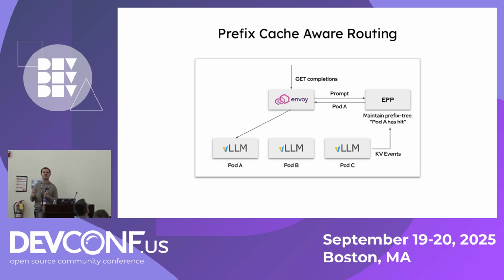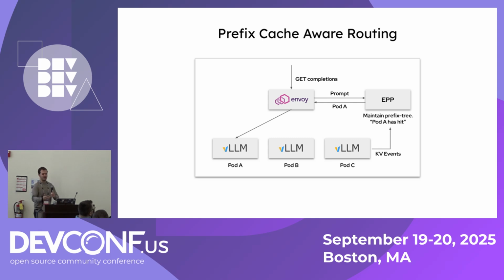And then we have a precise version of this where VLLM will actually publish events, and the inference scheduler will subscribe to those events, which gives a globally consistent view of the current state of VLLM's KV cache. And so EPP can then make a decision for an individual request: oh, I know that the KVs for this request are available in pod A. Let's send that request to pod A.